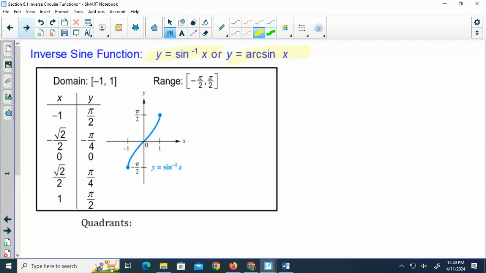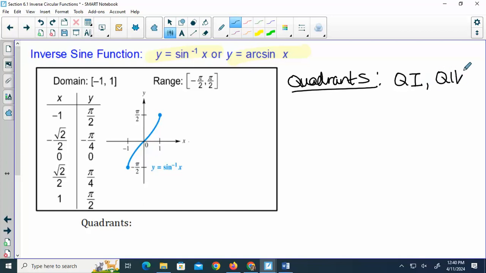At the bottom of your notes packet, there is the graph, the points, and just showing you where we got those, and what you need to fill in: the domain and range, and then the single most important thing we are doing for each of these today is the quadrants. In what quadrants does inverse sine exist? And it's quadrant 1 for the positive and quadrant 4 for the negative.